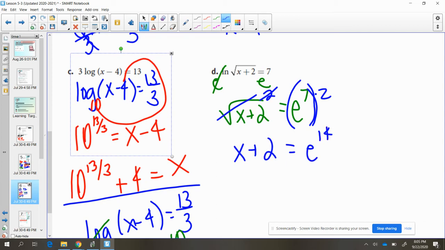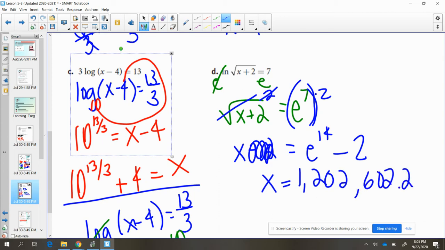So e to the 14th minus 2, when we subtract that over, is quite a large number. It's well over 1 million when we're done. Okay? All right.